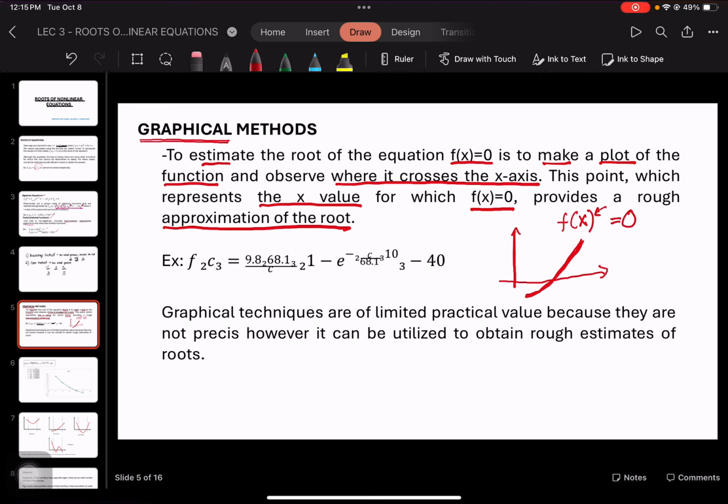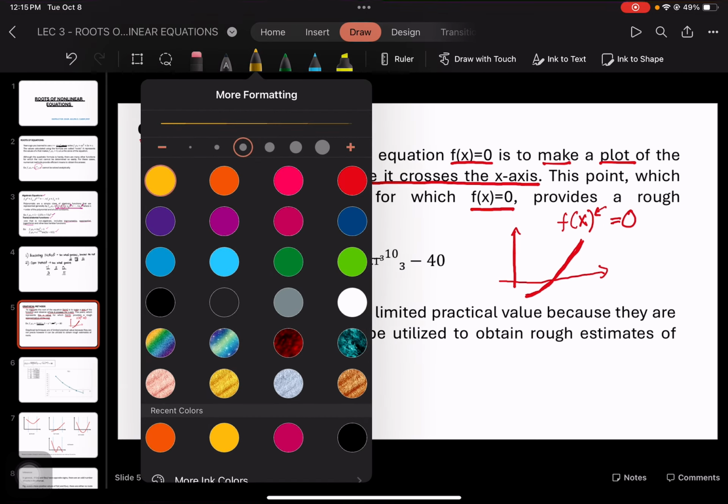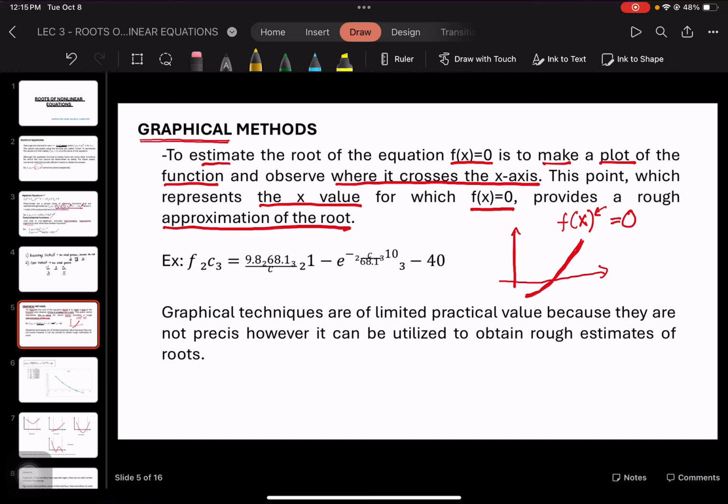And in the graph, makikita natin yung root doon sa point kung saan na 0 ang y-axis, no? Or kung saan yung graph nag-touch sa x-axis.